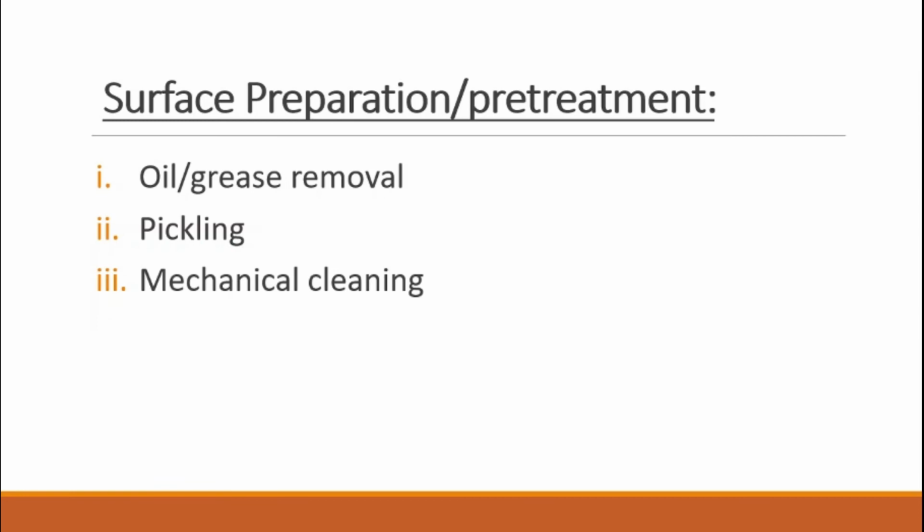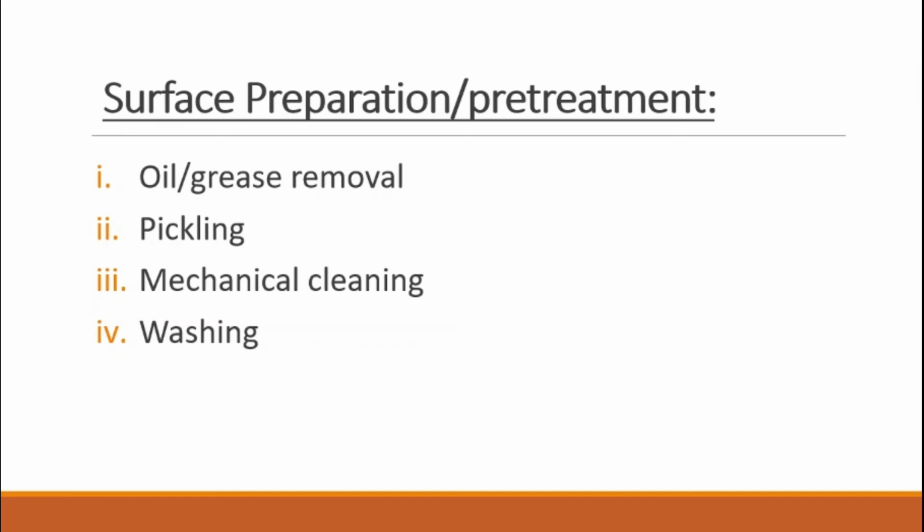By doing that, you are removing any oxide layers that might be remaining, or anything else that is deposited, all of that will be rubbed off. Now, once you are done with mechanical cleaning, you can go for washing at the end. Now, the substrate is ready to take the deposition of another metal, or it is ready for the plating process.